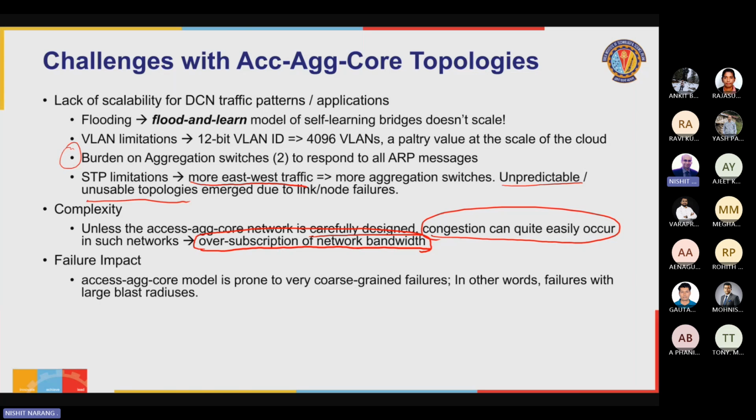The third thing is the blast radius of access aggregation core network topologies, right? When we talk about blast radius, the term comes from the conventional use of the term blast. If you have an explosive device, a bomb, which blasts, typically the impact of an explosive device is measured by the radius of its impact.